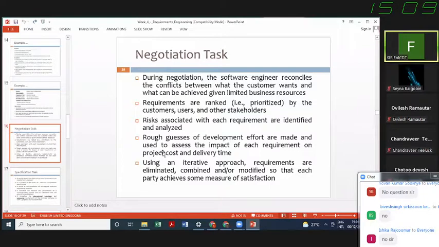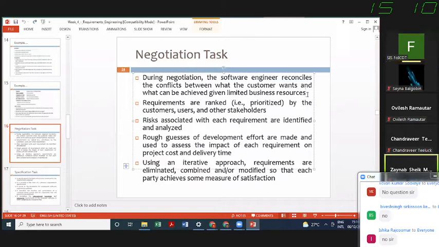And the fourth step is negotiation. I think this one is clear. We've seen that, for example, different stakeholders can have different viewpoints. So during negotiation, the software engineer reconciles the conflict between what the customer wants and what can be achieved given limited business resources.